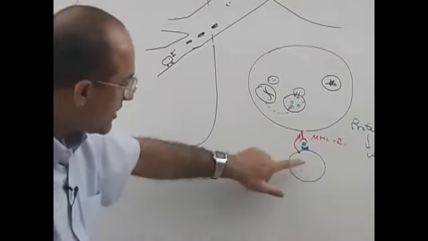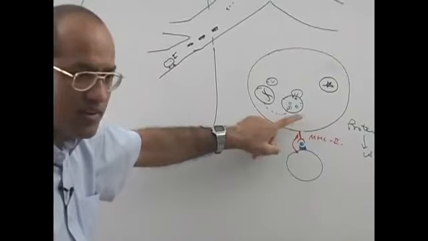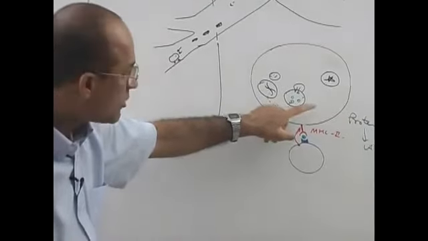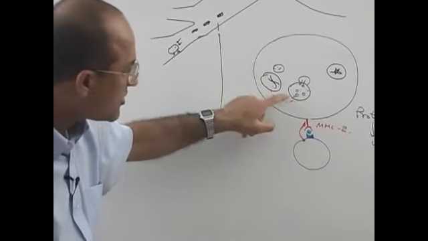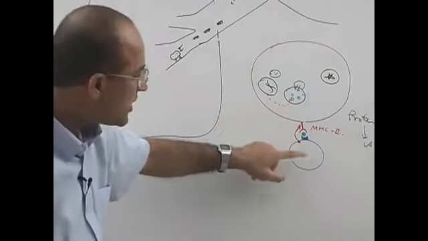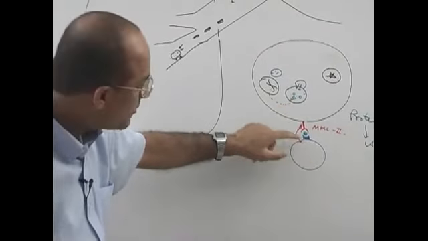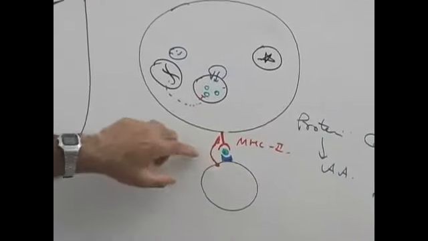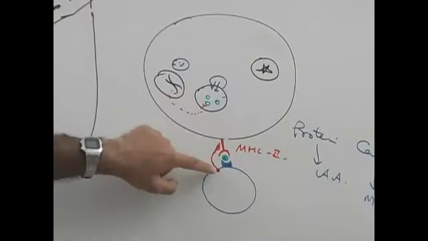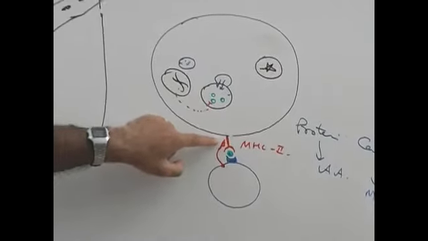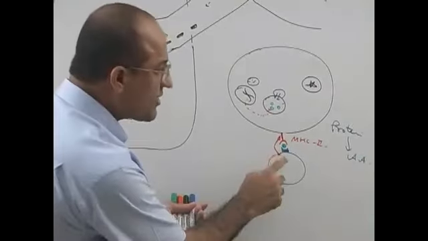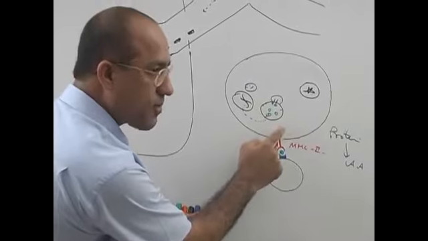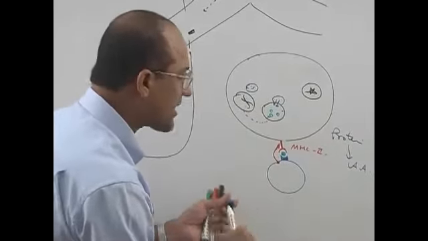Again, listen carefully. This is the lymphocyte. What is this? Macrophage. The macrophage caught the antigen, processed the antigen with class 2 molecule, and presented it to the lymphocyte. The lymphocyte recognizes the antigen with its receptor and recognizes that class 2 with a special molecule.